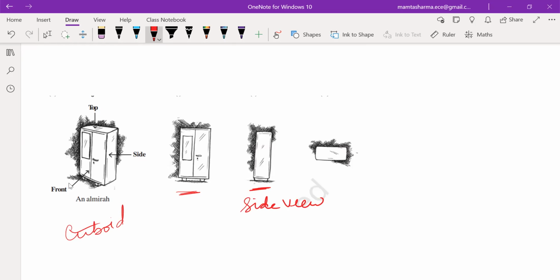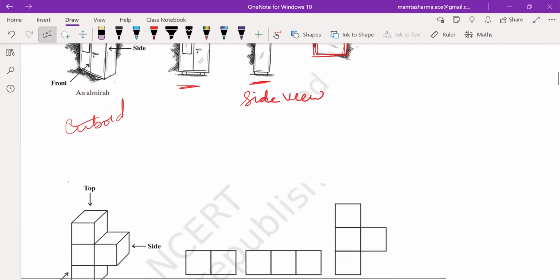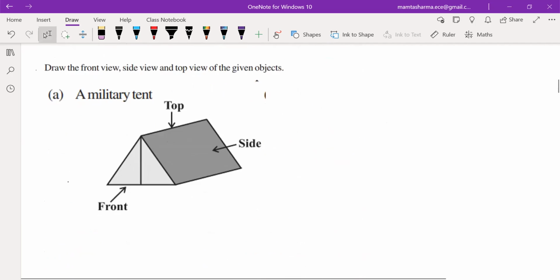You can see only a rectangle shape. Now from the top view, you can see a different rectangle of a different size. You can see only the top. You can't see the front and side from the top. So these are the 3 views of any 3D shape.